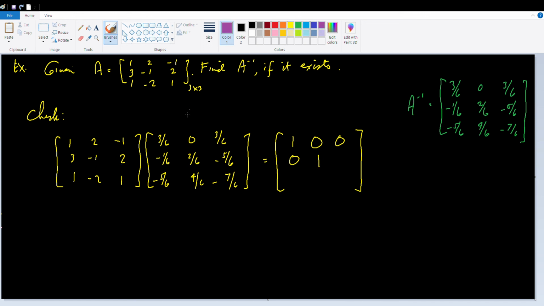Next, second row, third column. 3 times 3 over 6 is 9 over 6. Negative 1 times negative 5 over 6 is positive 5 over 6. 2 times negative 7 is negative 14 over 6. 9, 5, and negative 14 is 0.